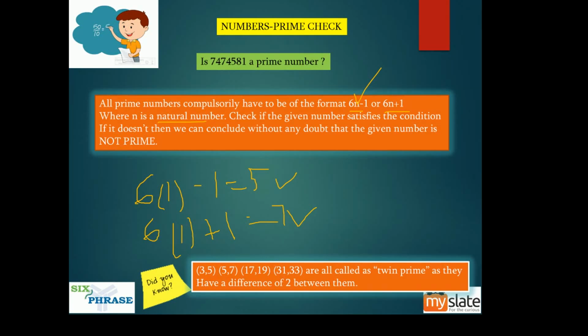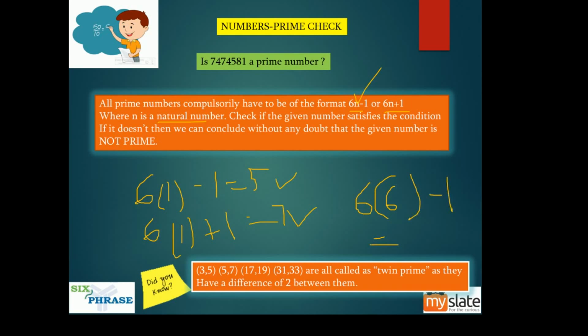Okay, so check this, guys, look at this, 6 into 6 minus 1. Now this is 6n minus 1, right? What is 6 into 6 minus 1, guys? 35. Is this a prime number? No, right?